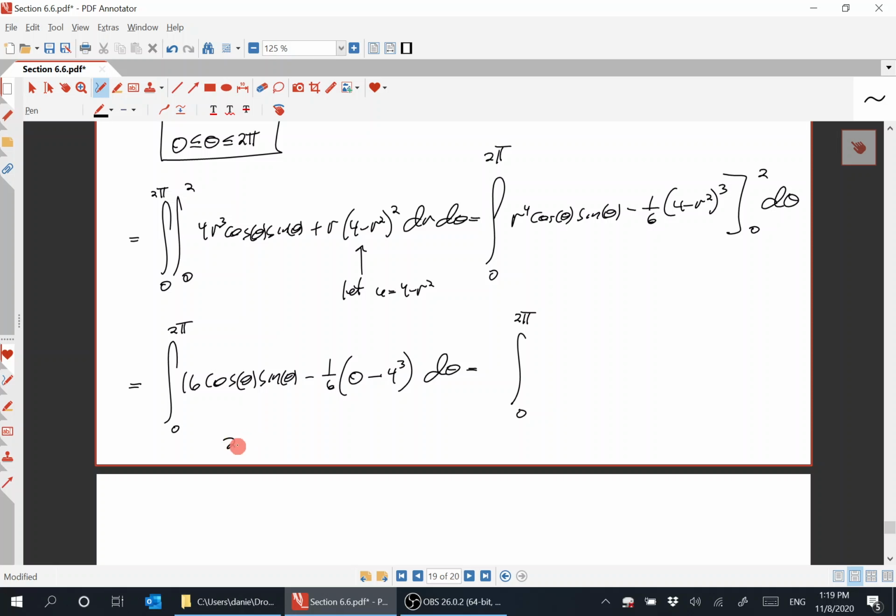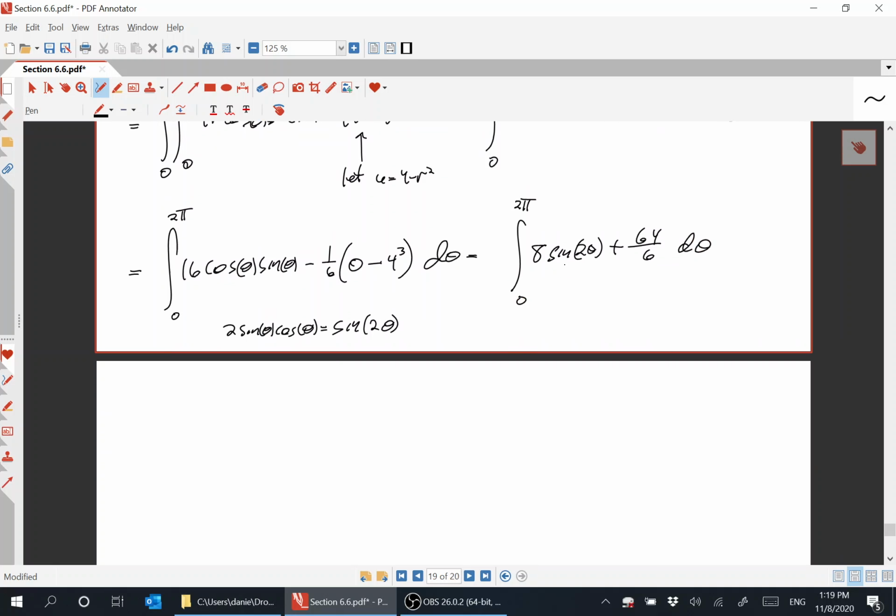Now 2 sine theta cosine theta, I'm going to use this formula for it, is sine 2 theta. So this is 8 sine 2 theta. And then this becomes plus, so 4 to the third is 64 over 6, d theta.